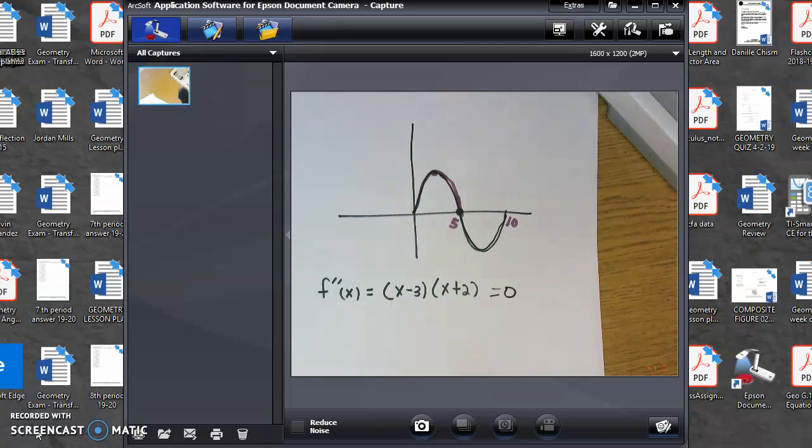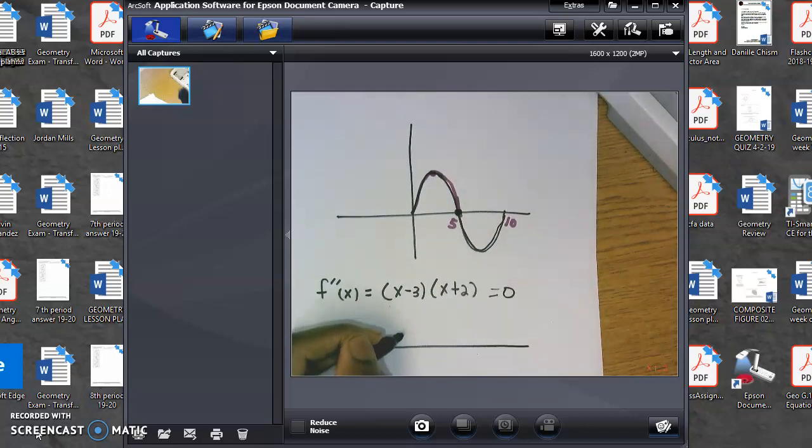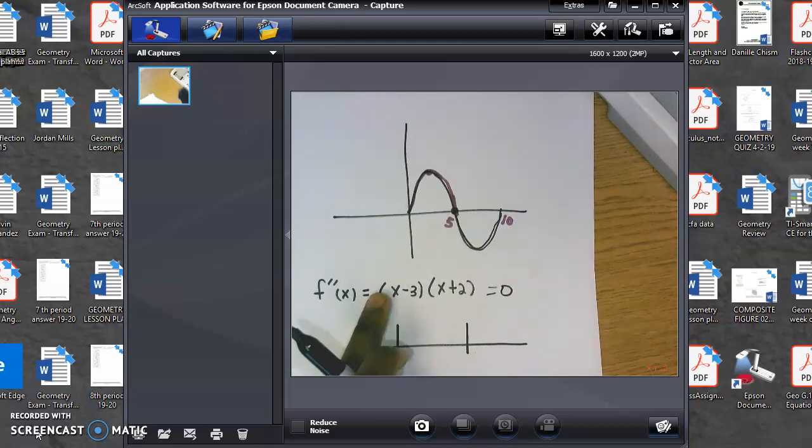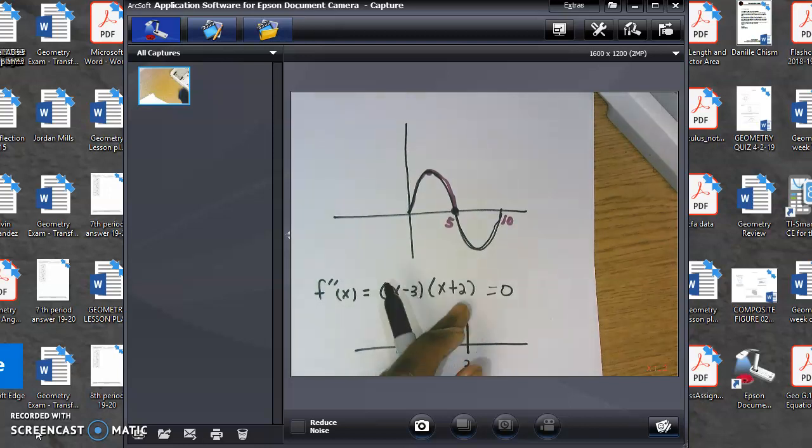So for the points of inflection, let's find out when we have zeros. Since this is minus 3, I am going to take the opposite of the -3 and get positive 3, and since this is positive 2, I'm going to take the opposite of that and get -2. Now I just need to test points to the left and the right of -2 and to the left and the right of 3.